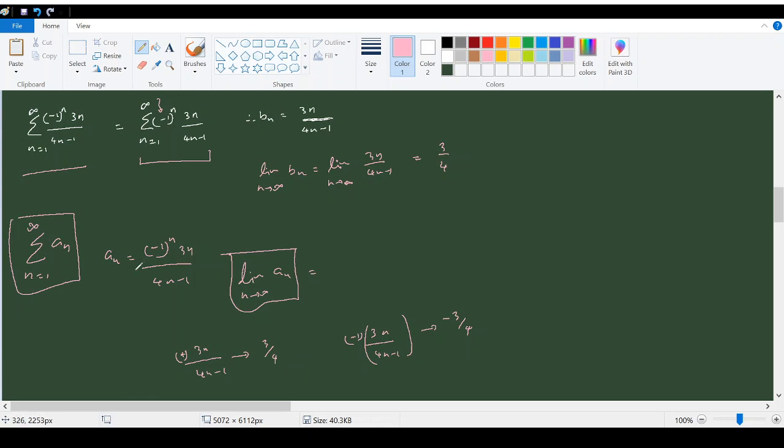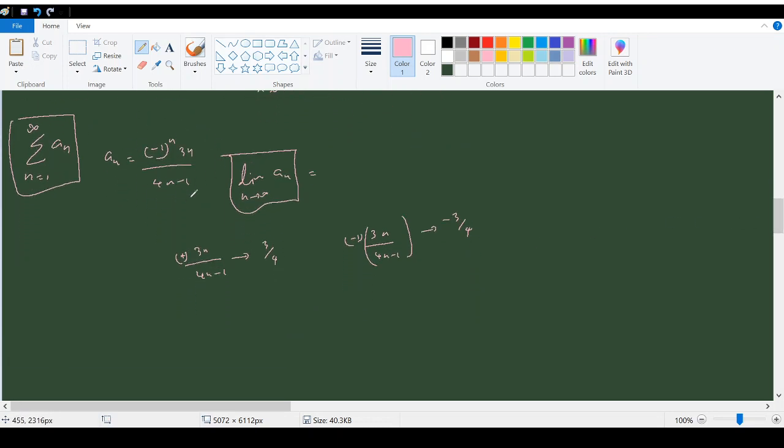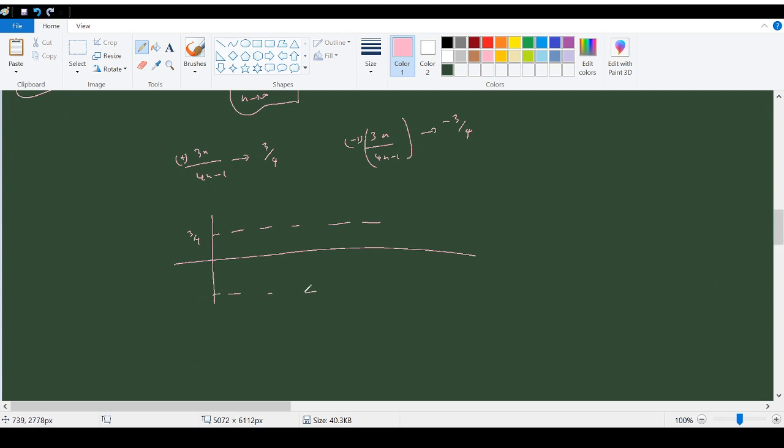But when you have plus and minus signs interchanging, here you have 3 over 4 and here you will get negative 3 over 4.